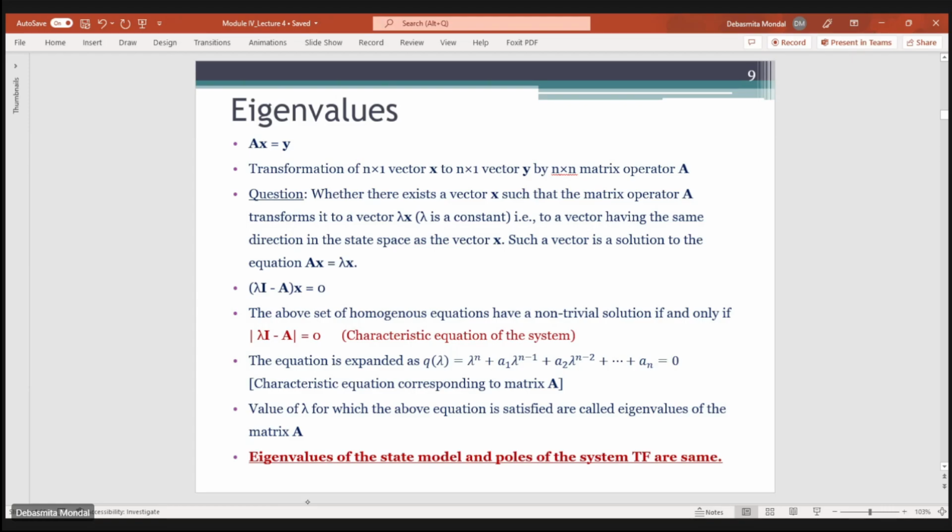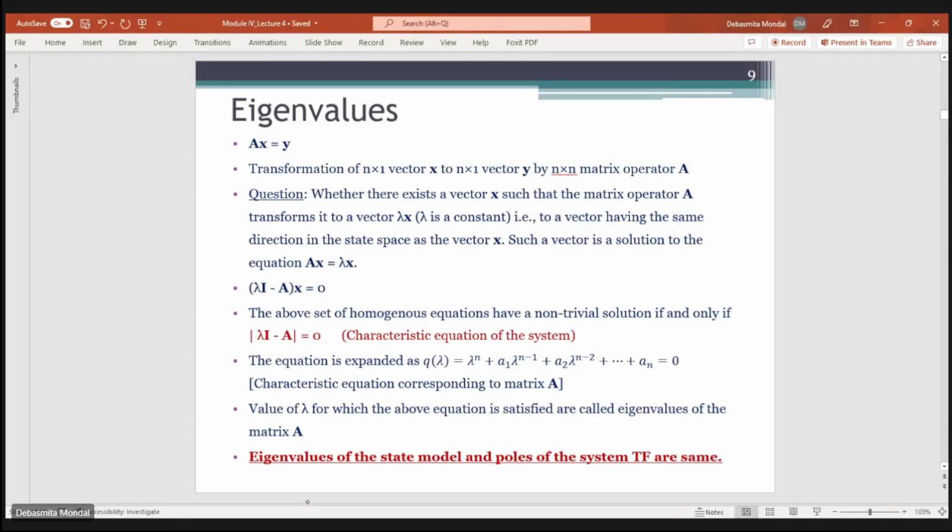From this equation, you can rearrange and write lambda I minus A multiplied by x is equal to 0. Since x is a vector, this is a set of homogeneous equations.